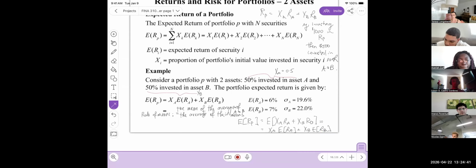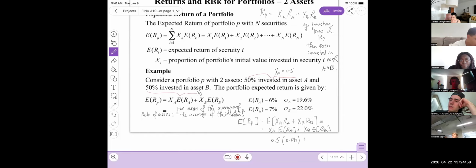So can you guys calculate that for me? Tell me what you get. So XA is 0.5. What was RA? The answer is 6.5. Yes, because it's just the average of 6 and 7, right? It's the perfect average of 6 and 7.